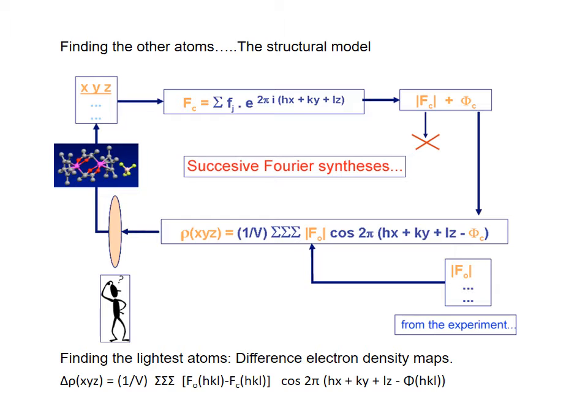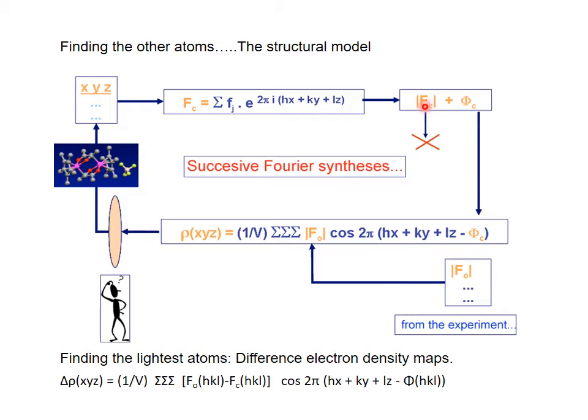So what you can do now in order to find the other atoms is what is called successive Fourier synthesis. So you use the coordinates of the first atoms that you have found and calculate from that a structure factor. That structure factor has an absolute value and a phase.